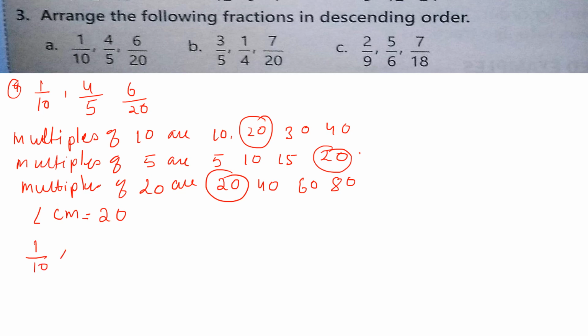1 by 10 multiplied by dash is equal to 20, means the denominator is 20. So 10 2s are 20, so here also 2. Then 4 by 5 multiplied by dash is equal to 20. 5 4s are 20, here also 4. 4 4s are 16.